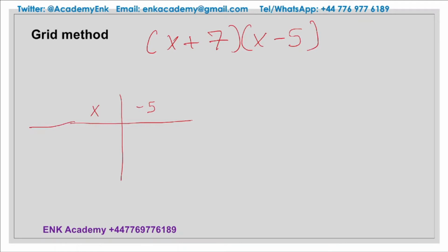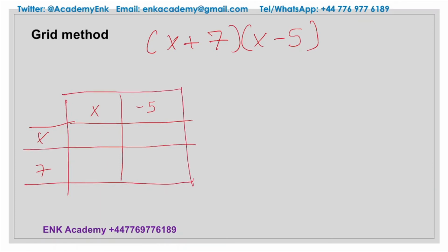On this side we have x and then 7. So we can then multiply x times x, we have x squared. x times minus 5, we have minus 5x. 7 times x, we have 7x. 7 times minus 5, we have minus 35.